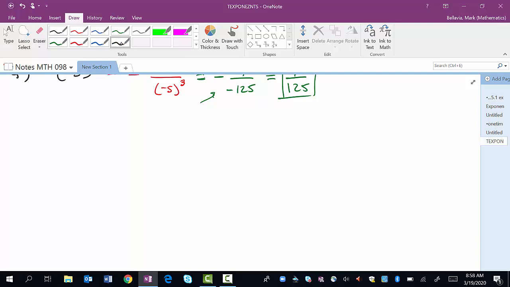The next rule we'll talk about really will be based off of what we're going to talk about with division, but it's called the zero exponent rule.